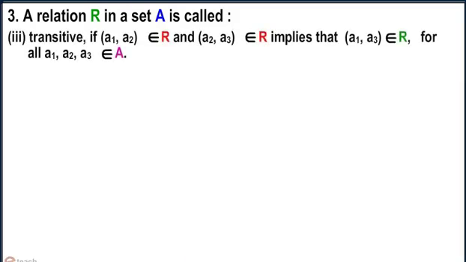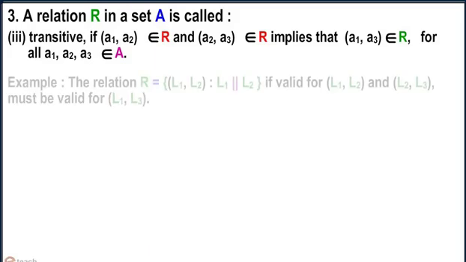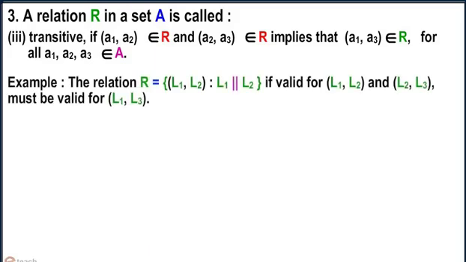A relation R in a set A is called transitive if A1, A2 belongs to R and A2, A3 belongs to R such that A1, A3 belongs to R for all A1, A2, A3 belonging to set A. Let us have an example.